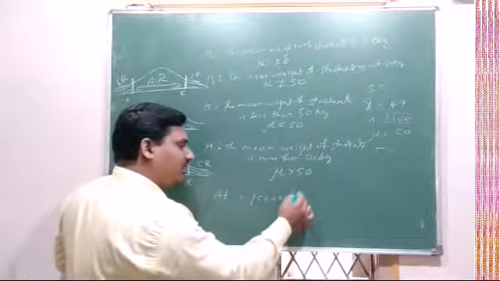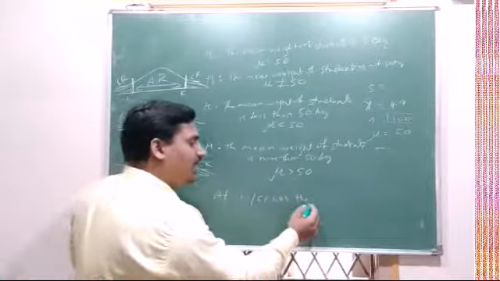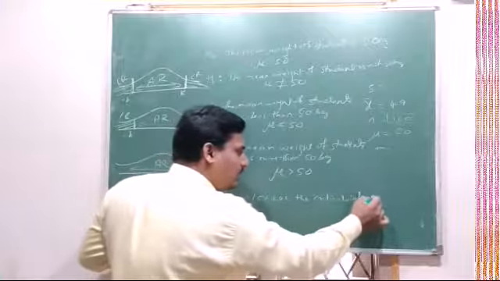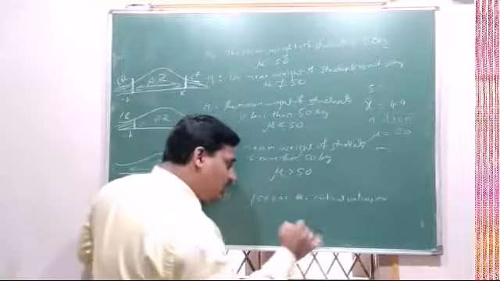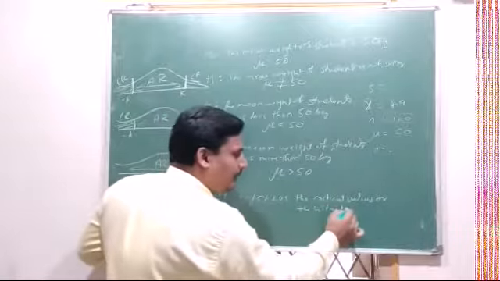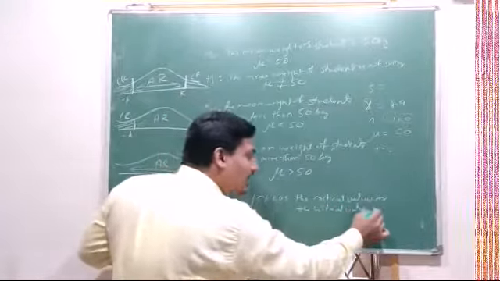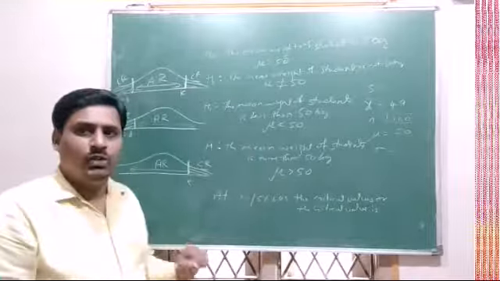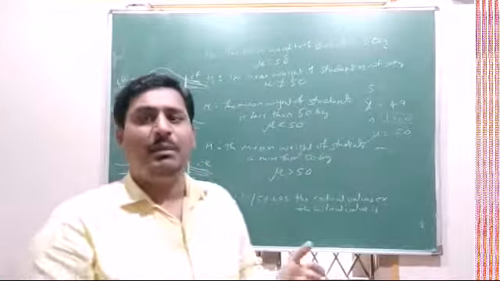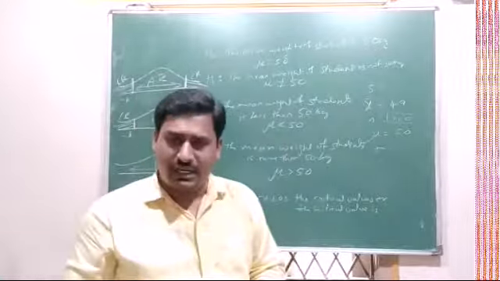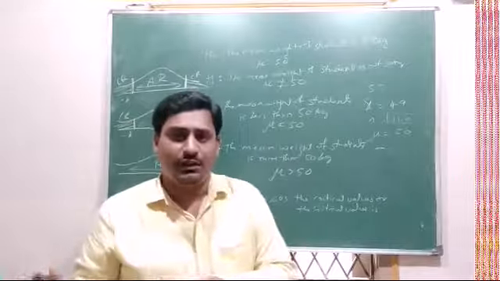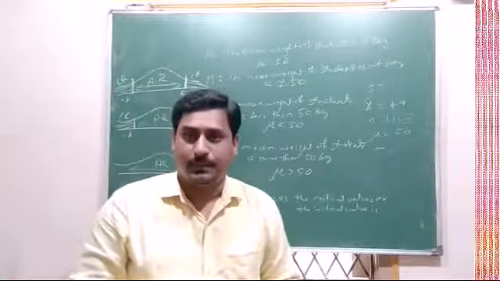Level of significance. If it is two tail, then the critical values are. If it is one tail, then the critical value is. So show what is the critical value, what is the table value. It may be 1.65 or 2.33 for one tail, and 1.96 and 2.58 for the two tail test.